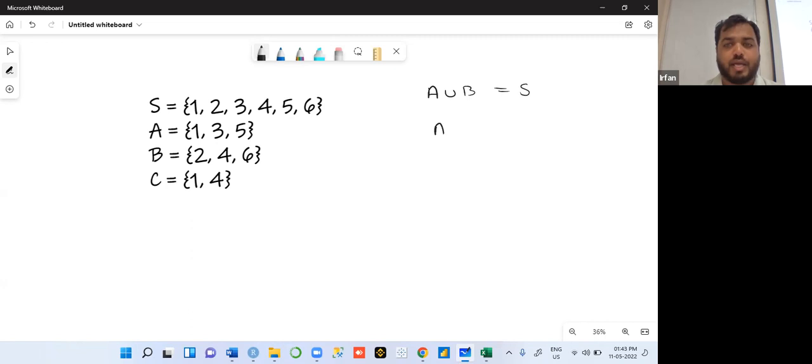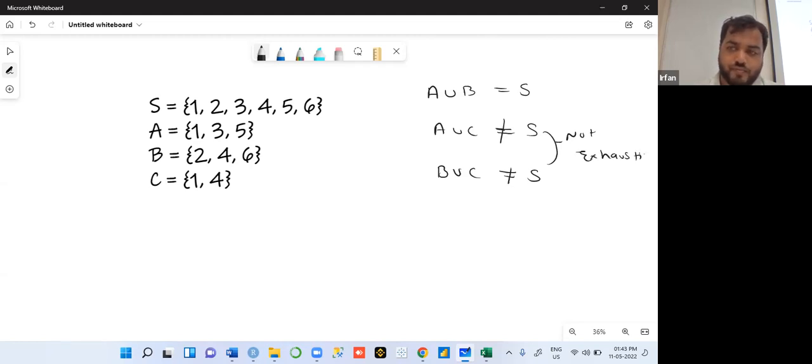Now, if you compare A and C, do both combined equal S? No. B and C, do both combined equal S? No. So they are not exhaustive events. When we combine two events and they become the sample space, we call it exhaustive. Not equal, not exhaustive. Simple, easy.